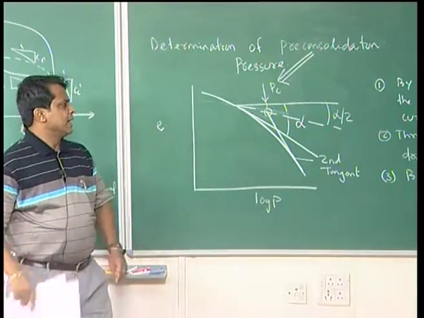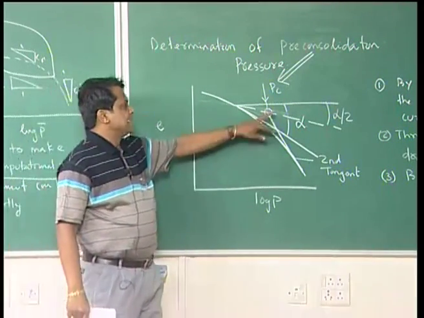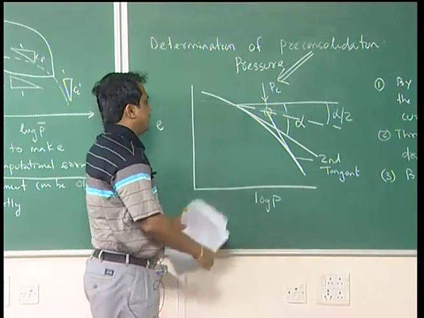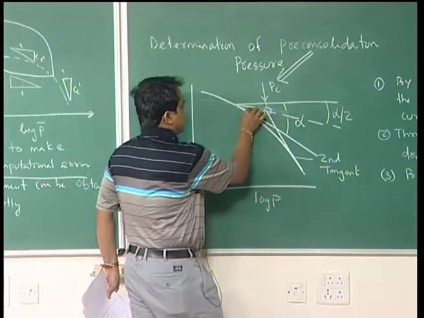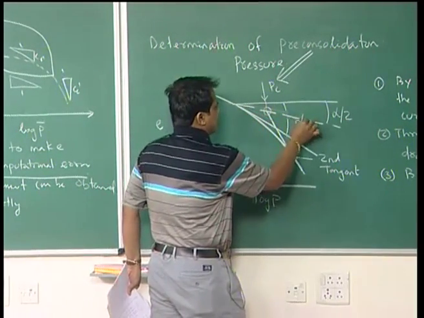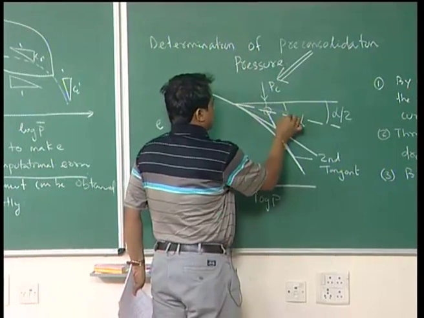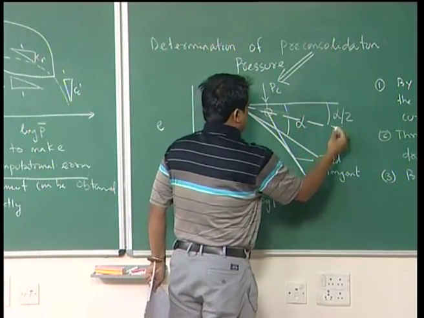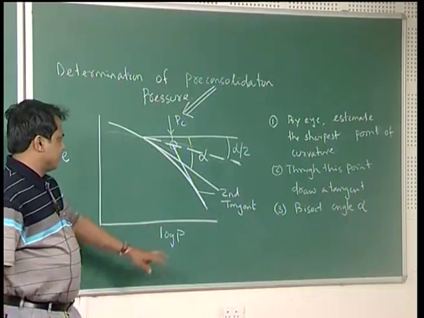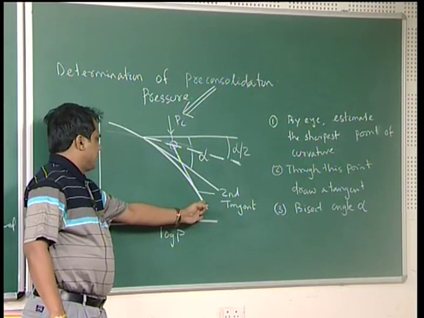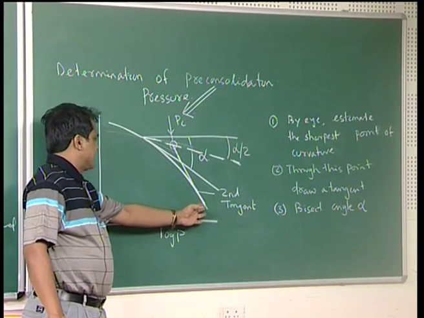Once angle alpha has been generated, bisect it into alpha by 2, and the bisector line has been plotted here by means of dotted lines. Then at the bottom of this curve, draw a tangent where there is no more change in curvature.